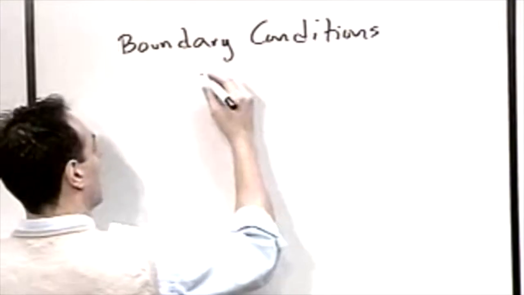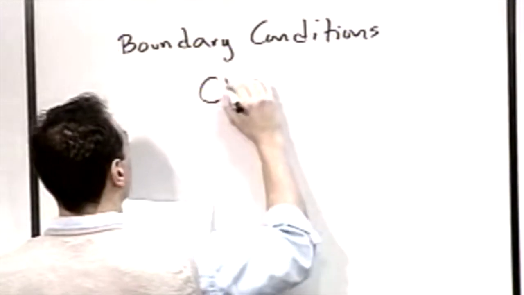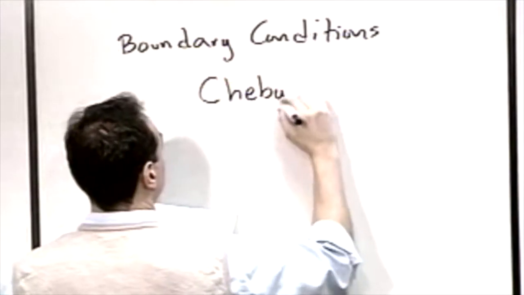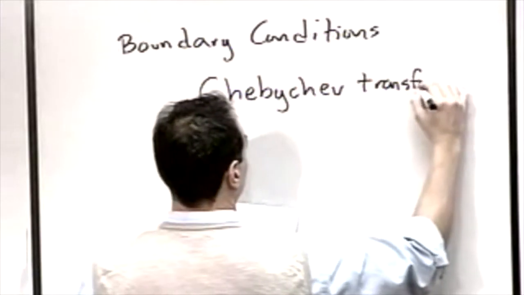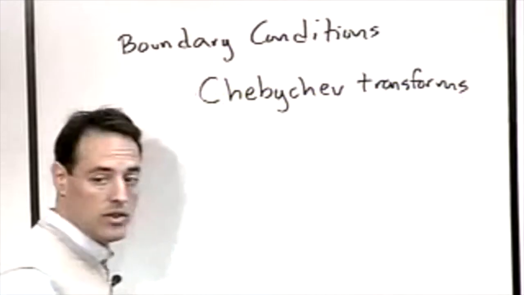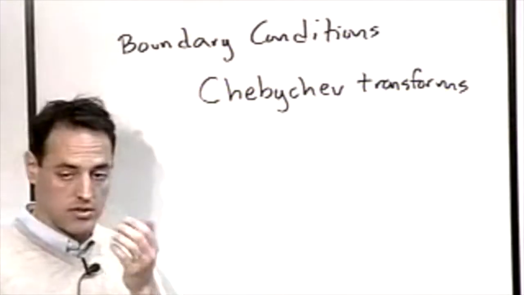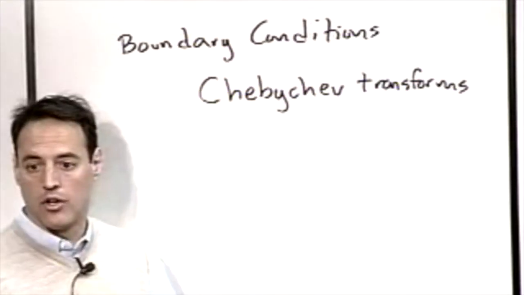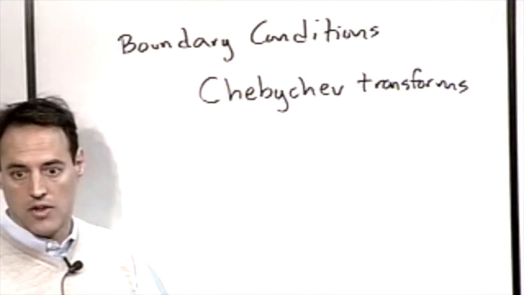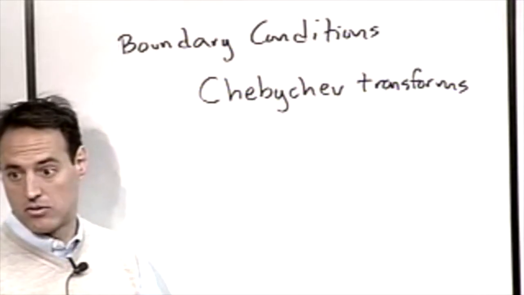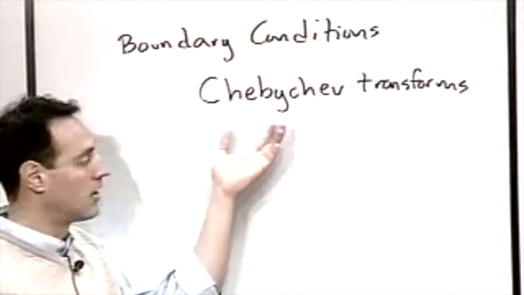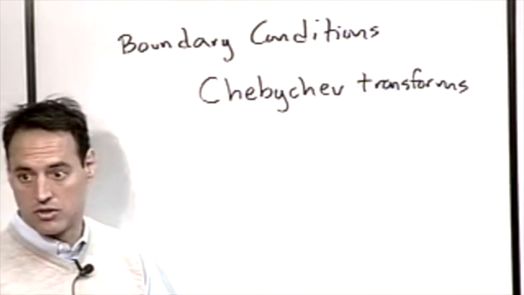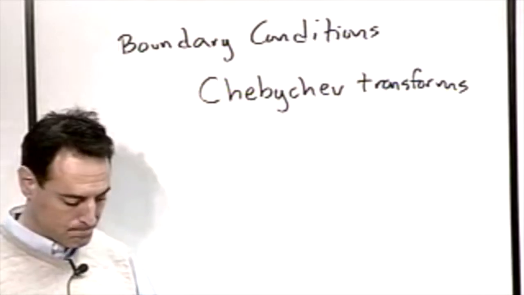I want to use boundary conditions, and in particular, revisit Chebyshev transforms. Because we knew that the Chebyshev transform was closely linked with the cosine transform. And that's an n log n operation, and it's spectral accuracy, so everything. So maybe we could somehow figure out how to handle boundary condition issues better with spectral methods.